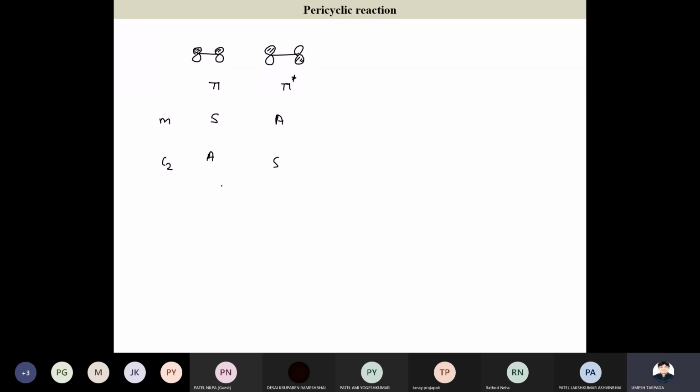Similarly, sometimes a pi bond may be converted to a sigma bond, or a sigma bond may be converted to a pi bond. So in that case, what about sigma and sigma star orbitals? This is your sigma and sigma star. Mirror plane and C2 axis.